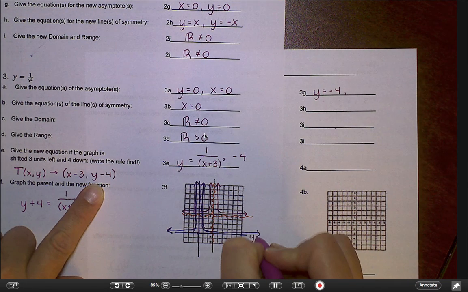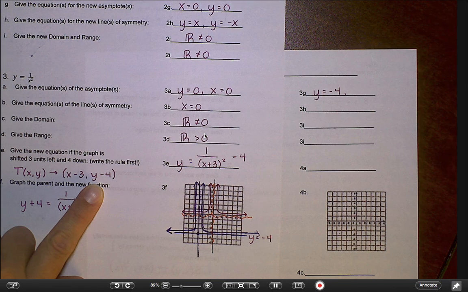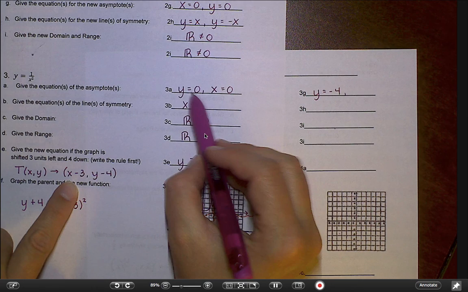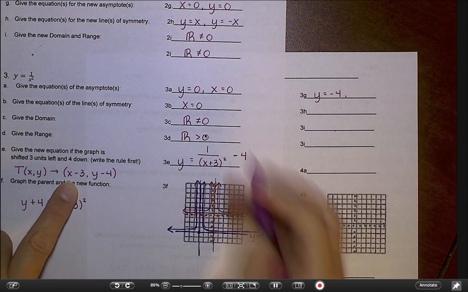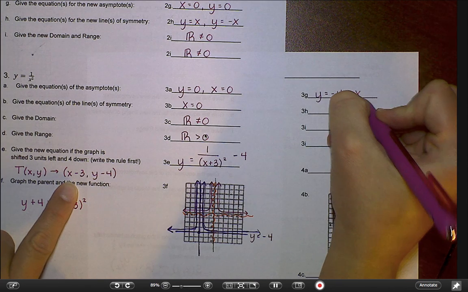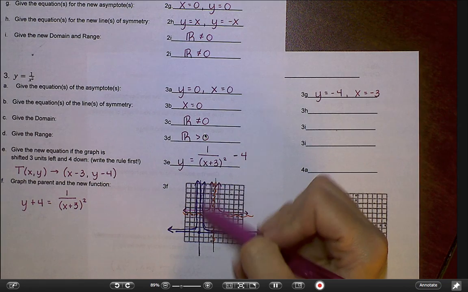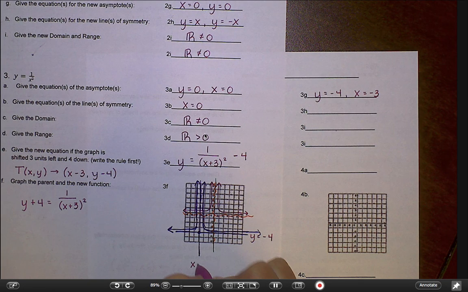And then my x asymptote is going to move 3 to the left, so it's going to go from 0 back to -3. So now I have an asymptote at x equals -3, and that's this guy here.